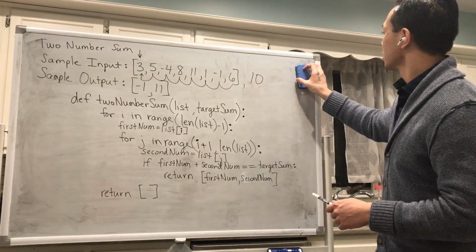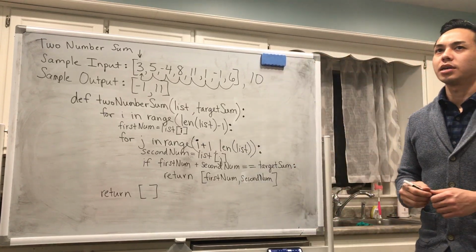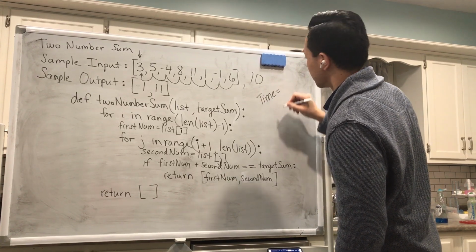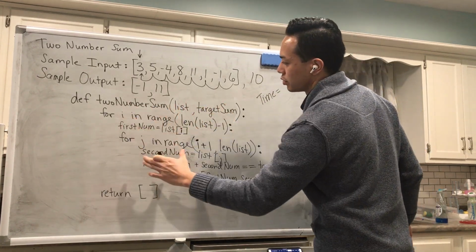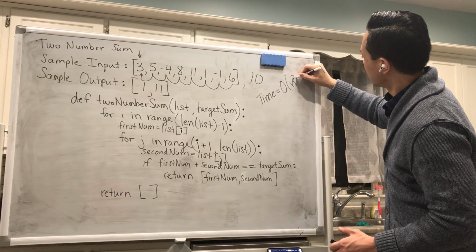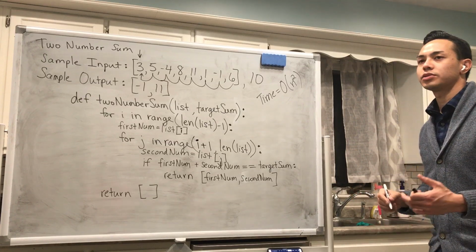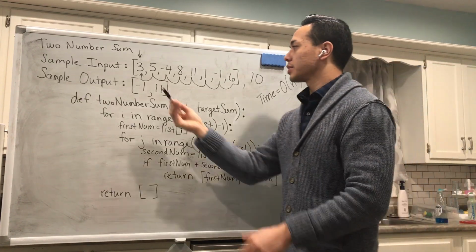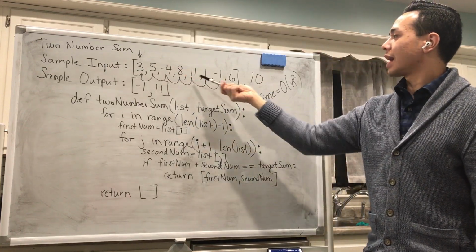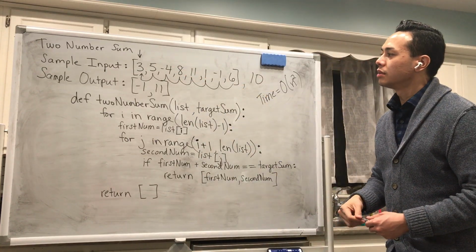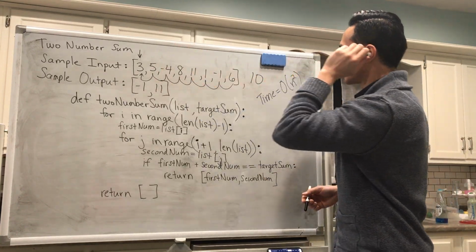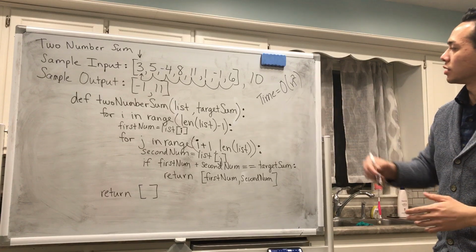If we talk about reflecting and time complexity, because we have nested for loops, it is going to be O of n squared. It's going to take a long time because you've got to go through each item in the list multiple times, right? For each item, you're going to be going through every single other item. So that's where the squared comes into play.